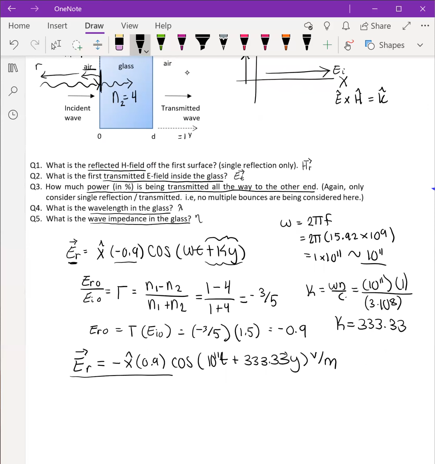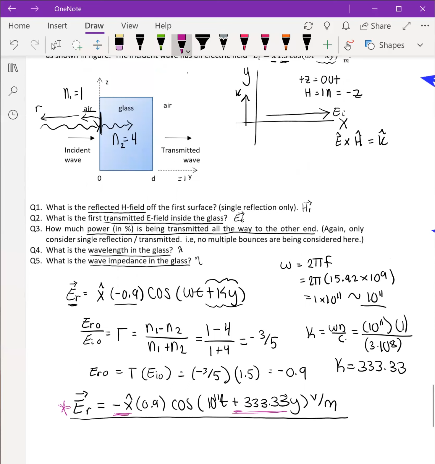So this is a very helpful piece of information here. We've now acquired E sub r, the reflective E field. It's going in the direction of minus x, and it's propagating in the direction of minus y.